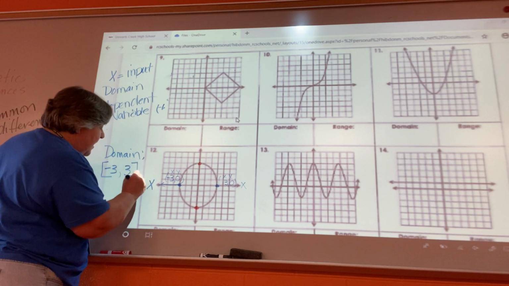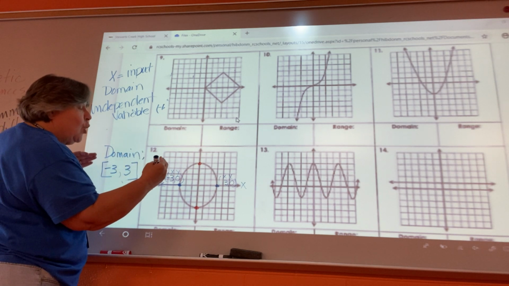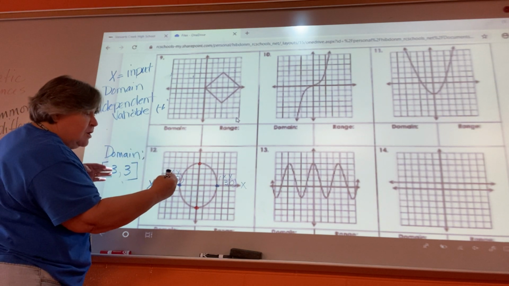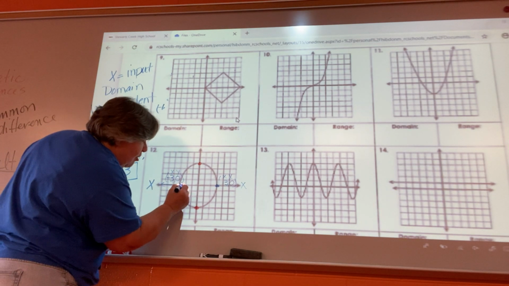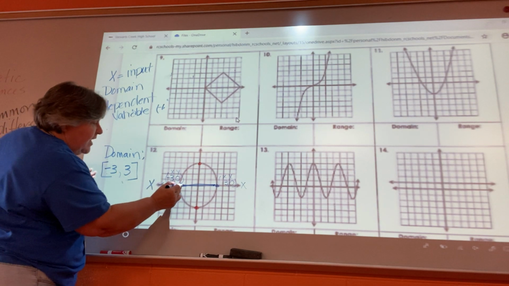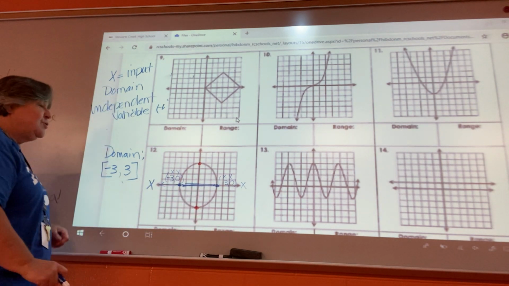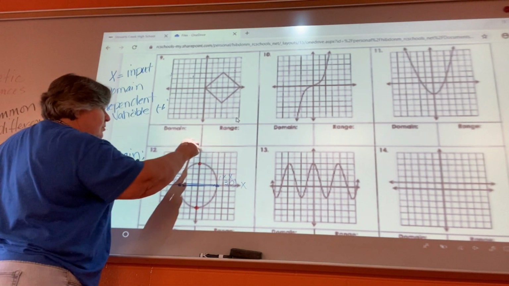And it includes +3. So your domain, or your input, or your x values go from here to here. So we put that from -3 to +3. So that's your domain.